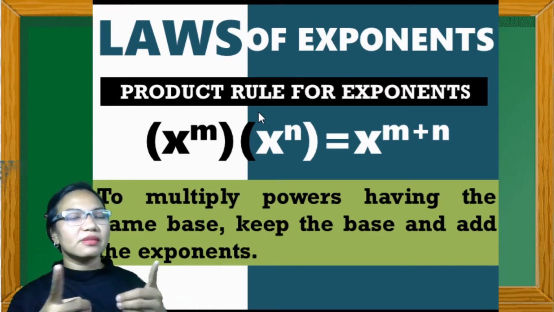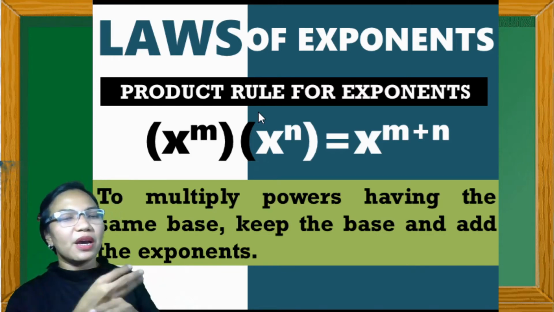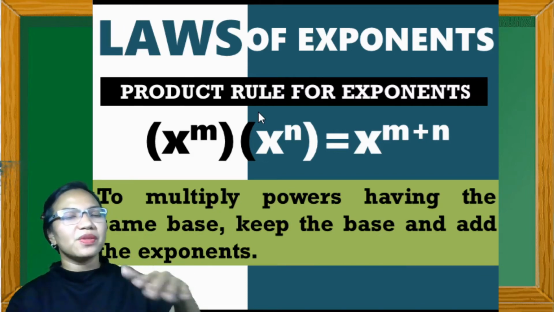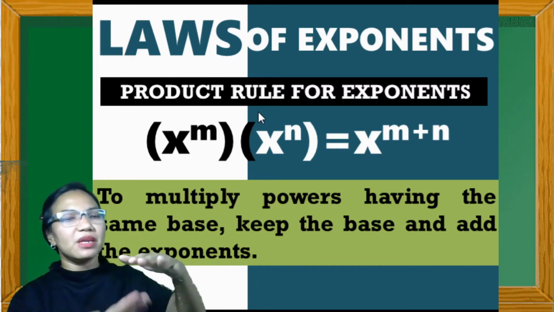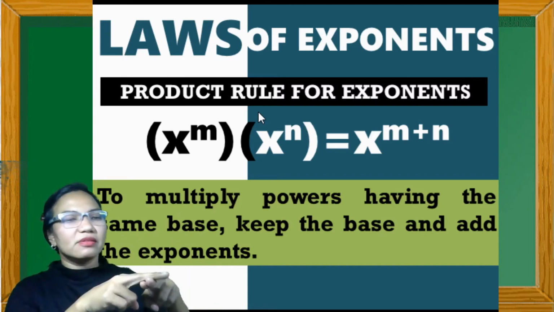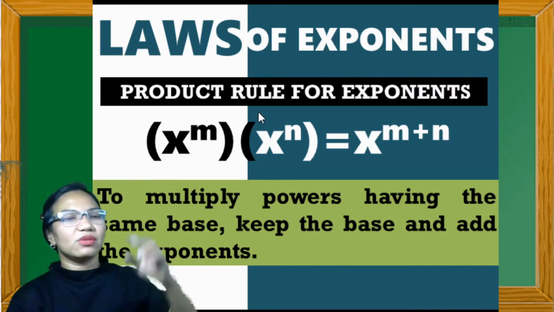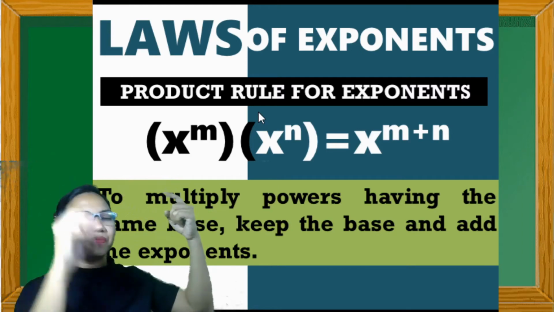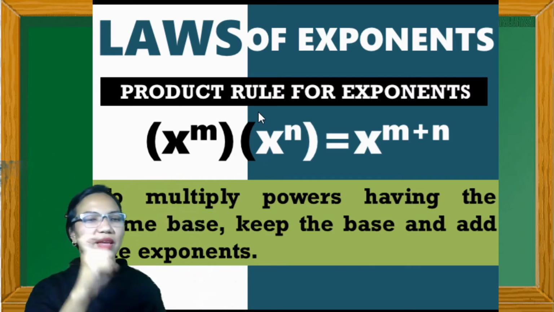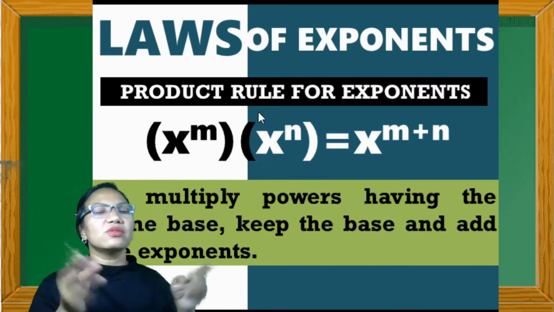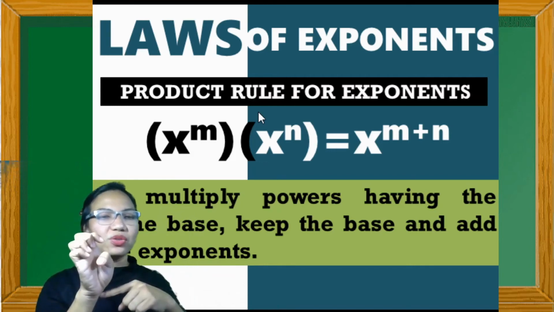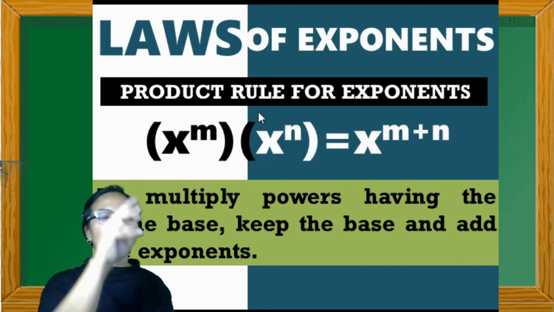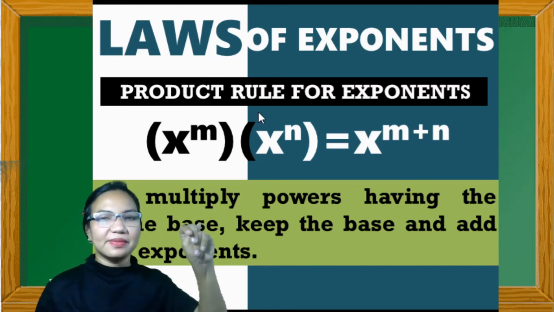To describe that, when multiplying powers having the same base, stay and keep the base, and then just add the exponents. So that's x^m, then the other one is x raised to the n power. The resulting expression is x^(m+n).